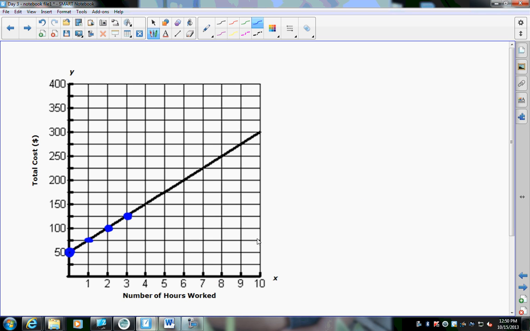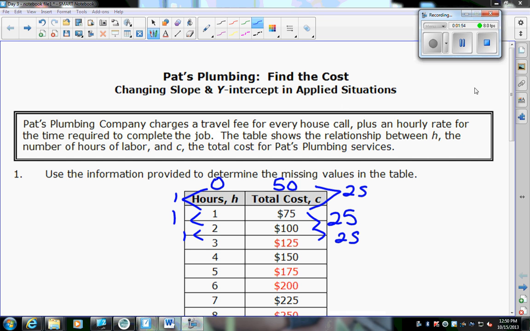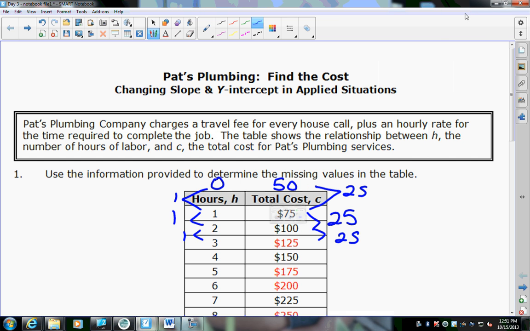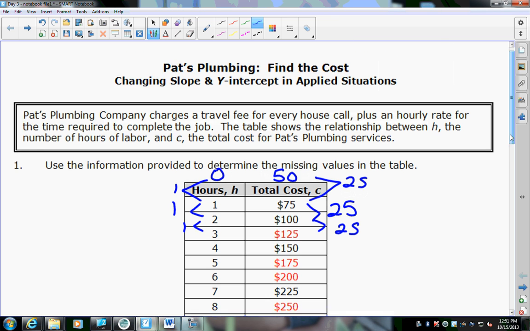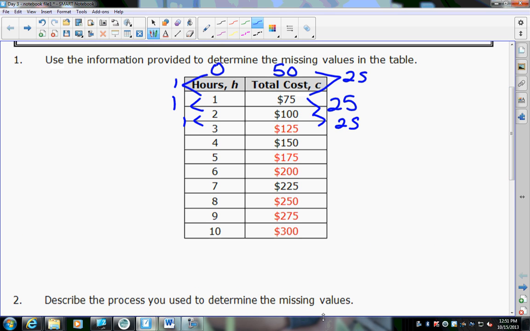So right now, that should be on your paper that says Pat's Plumbing. The next thing on your paper says to describe the process you used to determine your missing values.